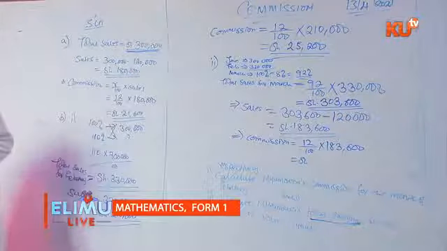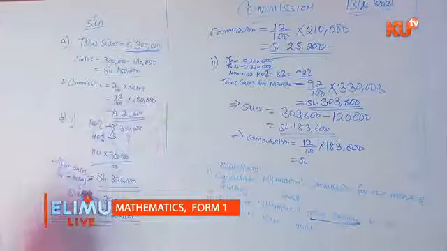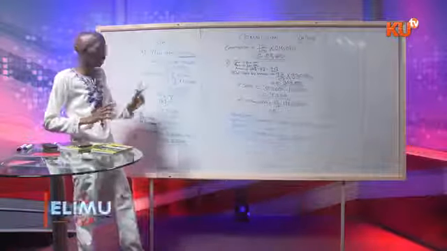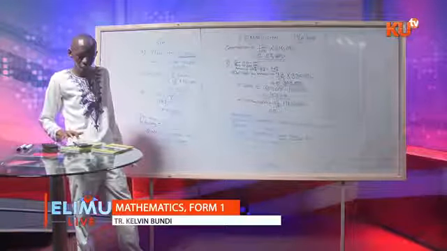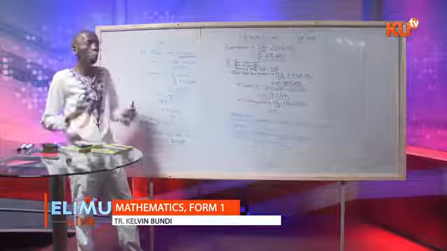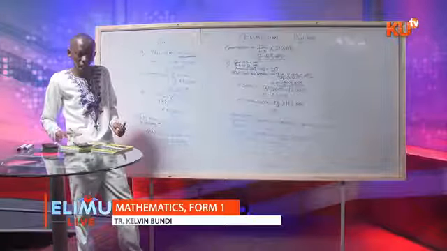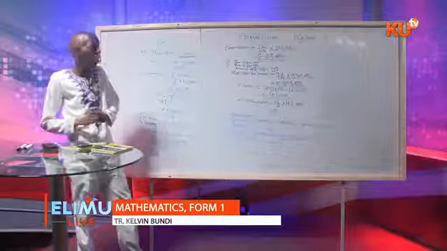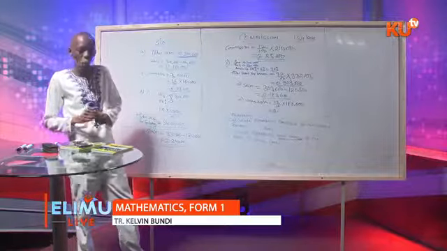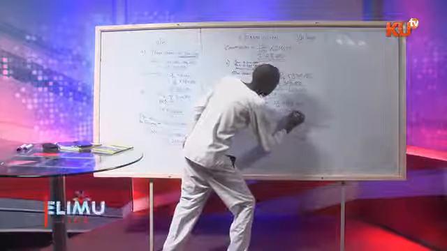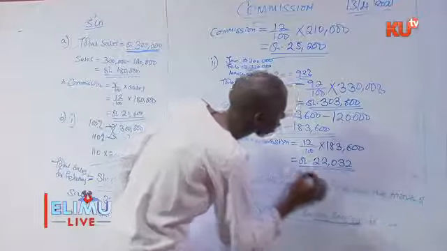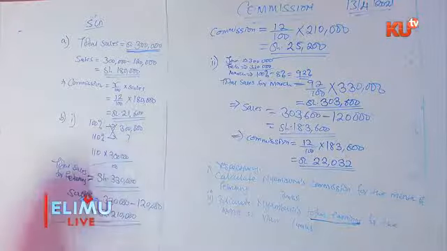The commission is equal to 12/100, that is the rate of commission, multiplied by 183,600 shillings, and we get the commission for the month of March as 22,032.